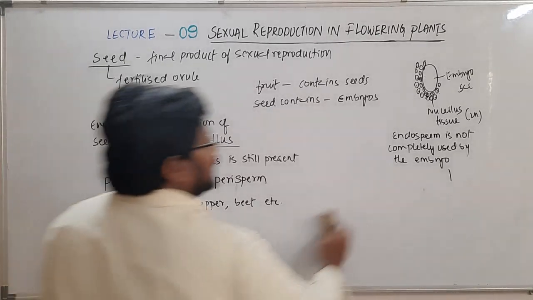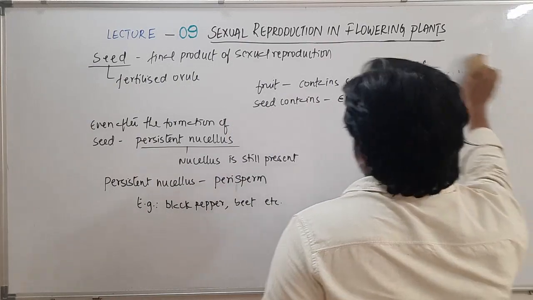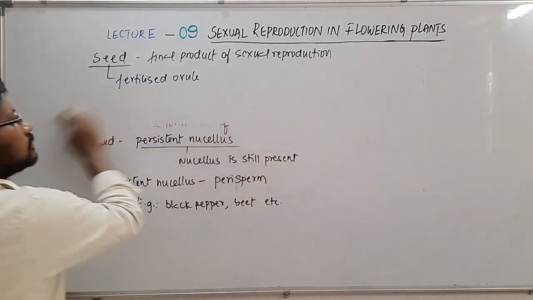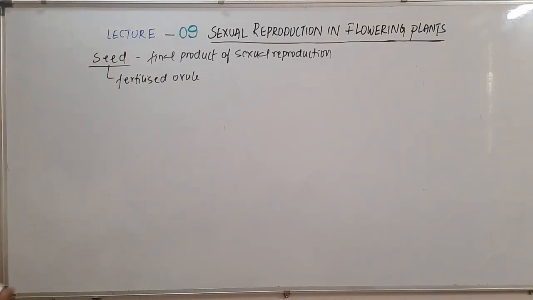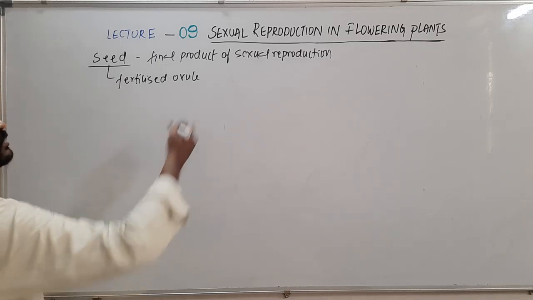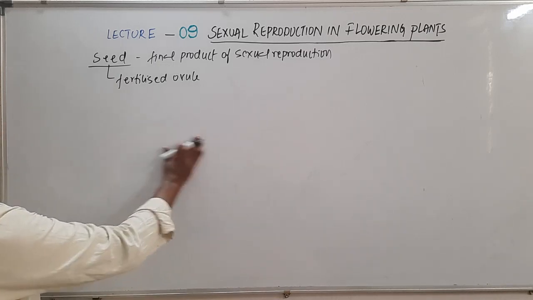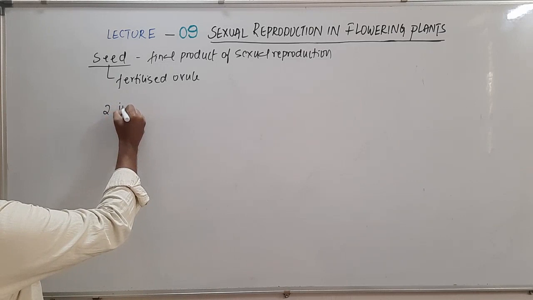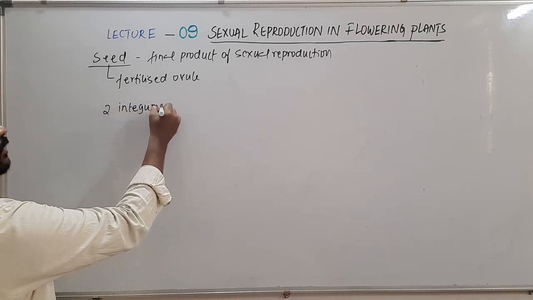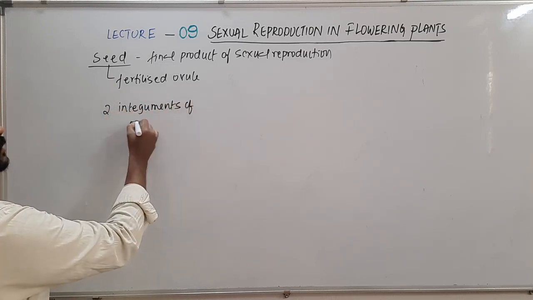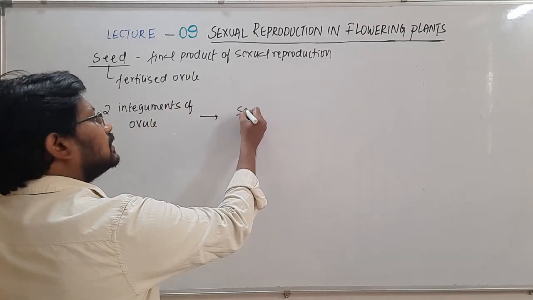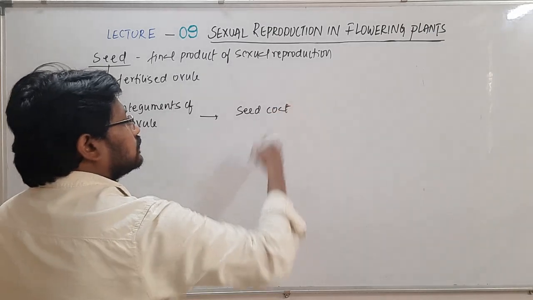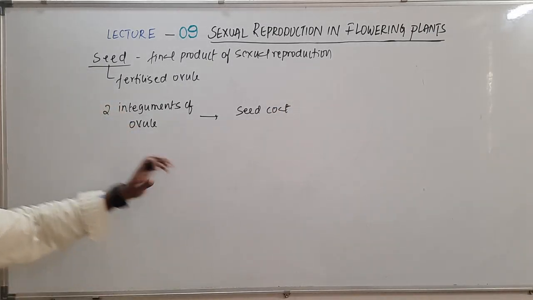Right, now let's see the structure of the seed. We know that the ovule is covered by two integuments. Those two integuments of the ovule will form the seed coat.